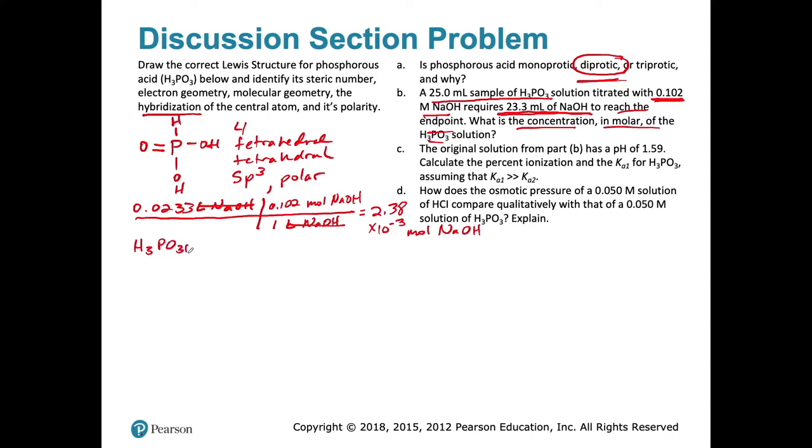And you add, that's always AQ. You add some water to it, which is liquid, right? And then what you get at the end is the sodium salt of it, which is Na2HPO3 plus 2 waters.